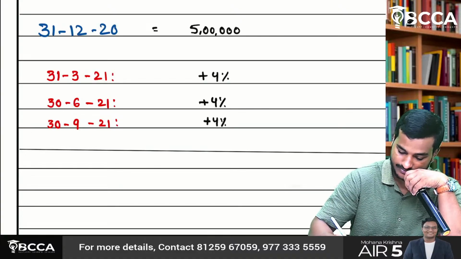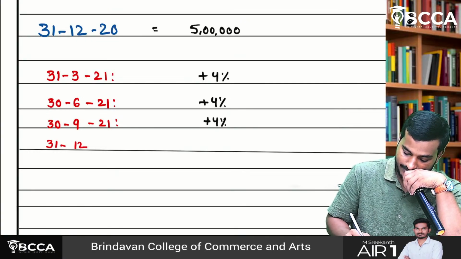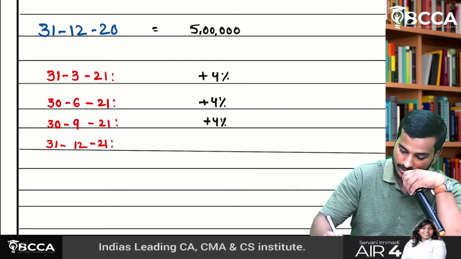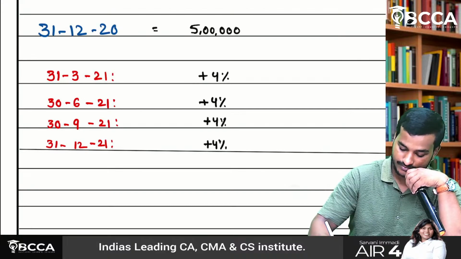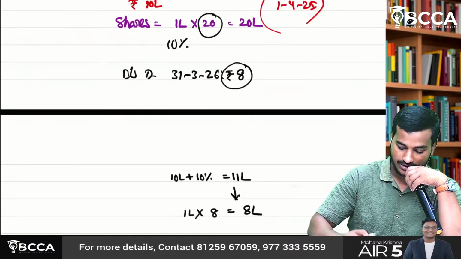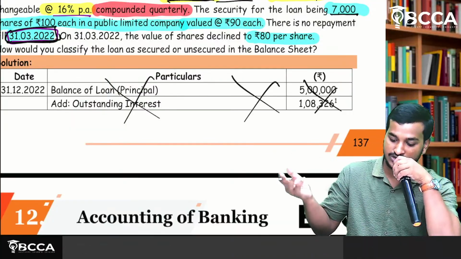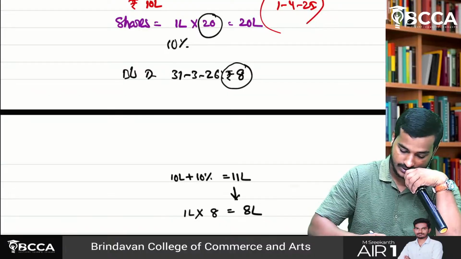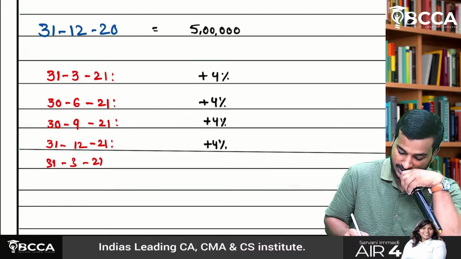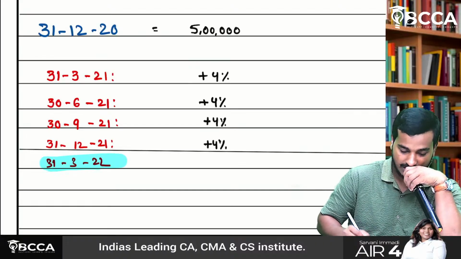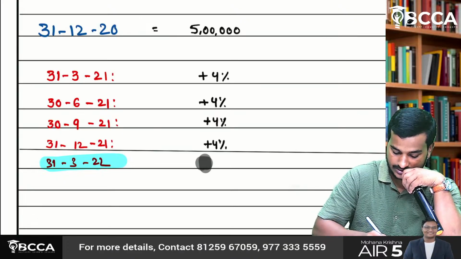Next quarter, 31st December, plus 4%. Next quarter, failed up to 31st March, no? That quarter is also there. 31st March. This is the last installment where they have failed. Plus 4%.